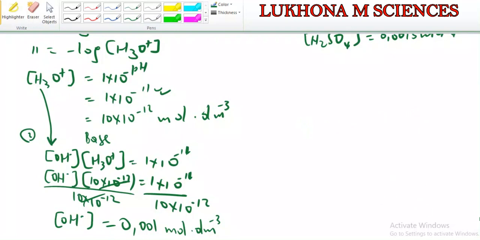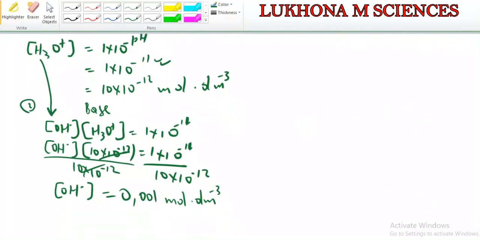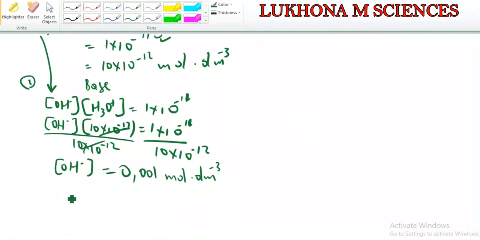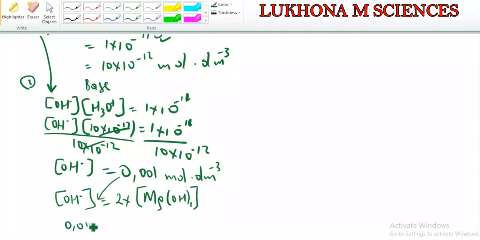But the question says calculate the concentration of magnesium hydroxide. Since magnesium hydroxide has OH twice, we are going to say 2 times the concentration of magnesium hydroxide. The concentration of OH minus 0.01 is equal to 2 times the concentration of magnesium hydroxide.